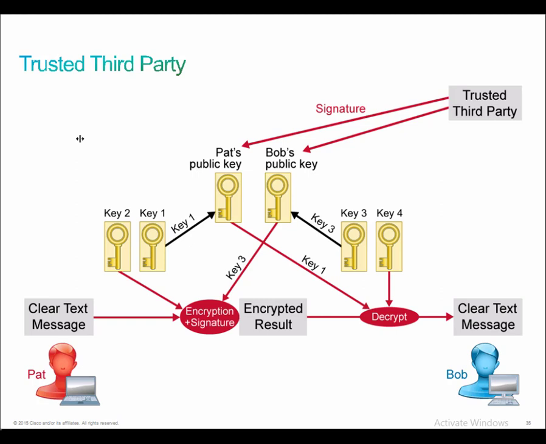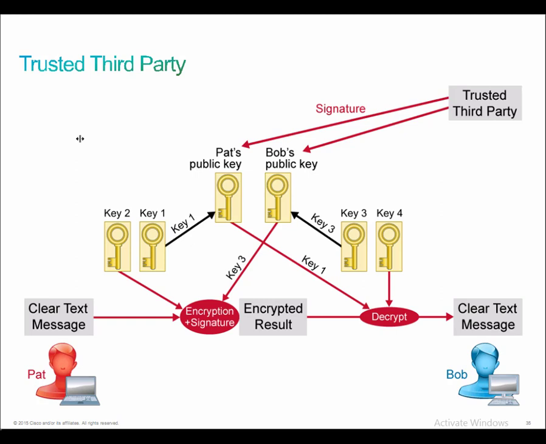It's probably not going to pass muster, right? So what we have is we have to have a way that Bob can guarantee that the public key genuinely belongs to Pat. The best way to achieve this is to have some entity or some organization that both parties trust, or even more than that, that many parties trust, that verify or basically sign off on the identity of Pat. All right.